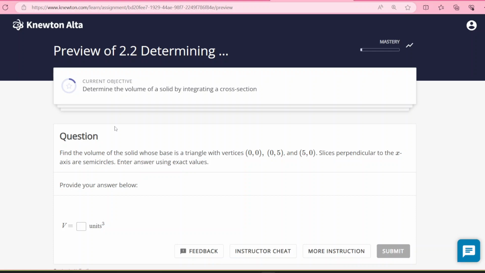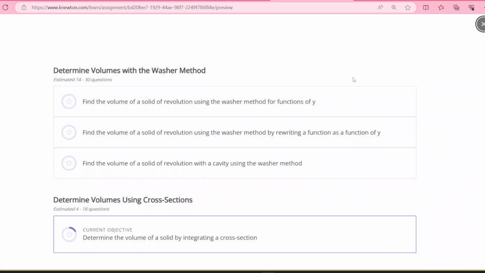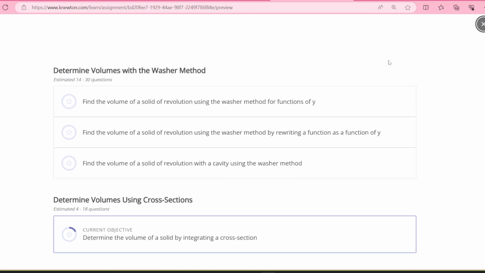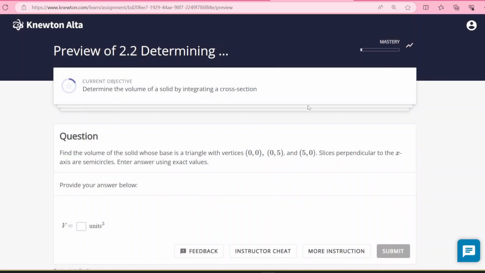So don't guess. Now we have another one in the same objective. I think they're having us do this because of the way the objectives are broken up. Everything in a bold heading is done on its own before they move to another one. So I think we're going to complete this cross sections objective first before the others.